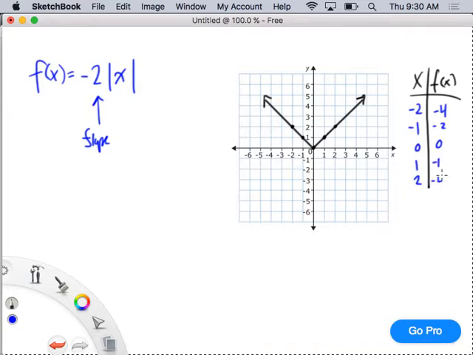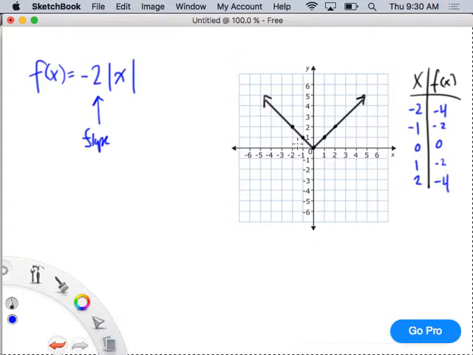Sorry, guys, I'm doing my math wrong right now. My mind was in 12 different places at that moment. I plug in 1. What's 1 times -2, class? -2. I plug in 2. What's -2 times 2? -4.